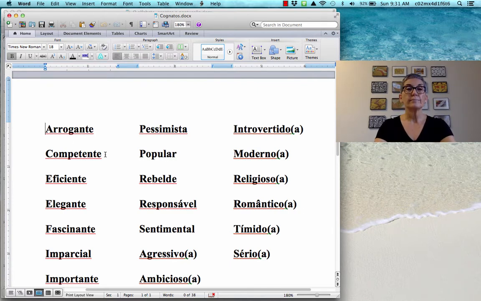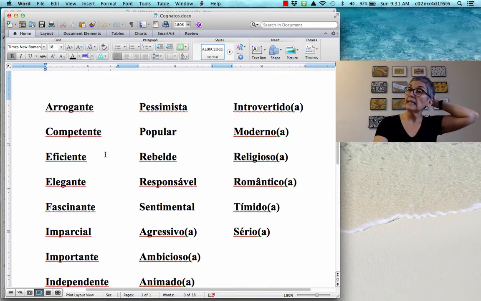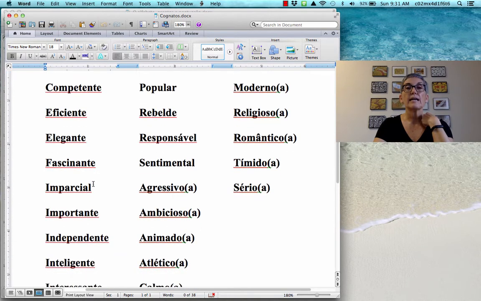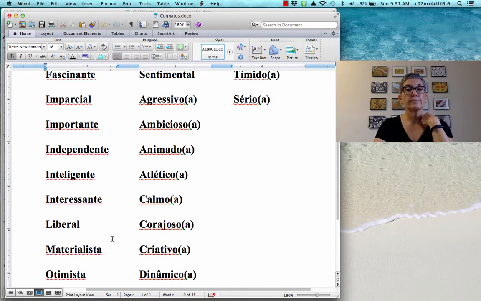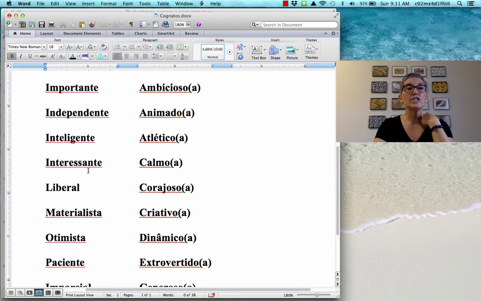Competente. Notice the pronunciation of the E at the end, okay? Competente, eficiente, elegante, fascinante, imparcial, importante, independente, inteligente.